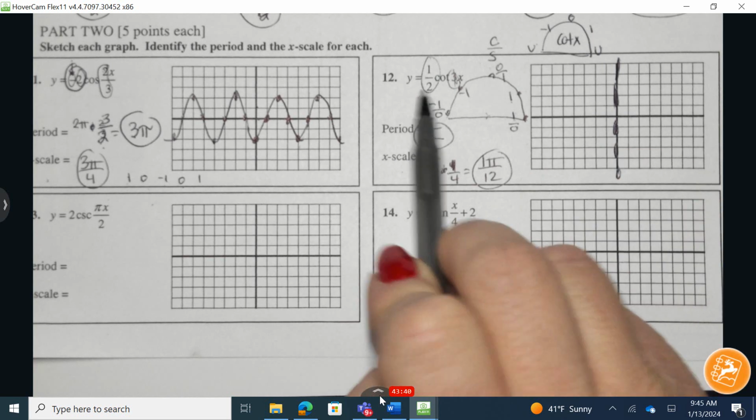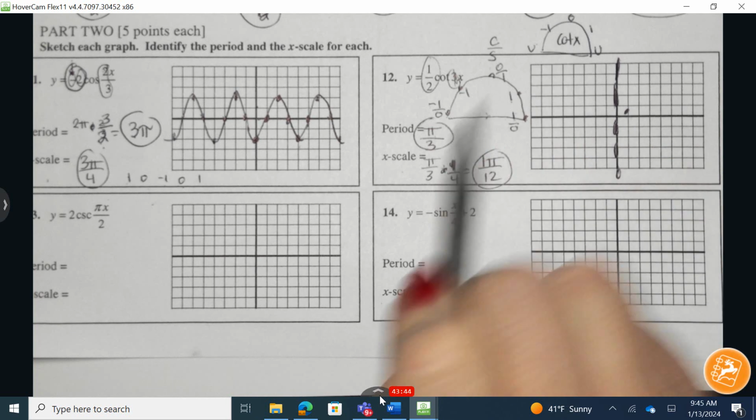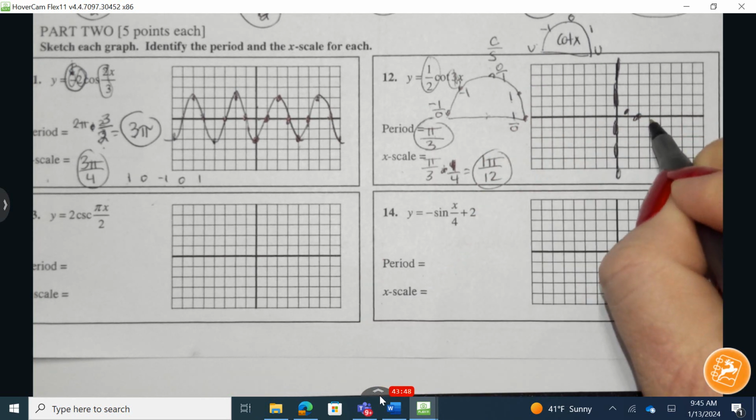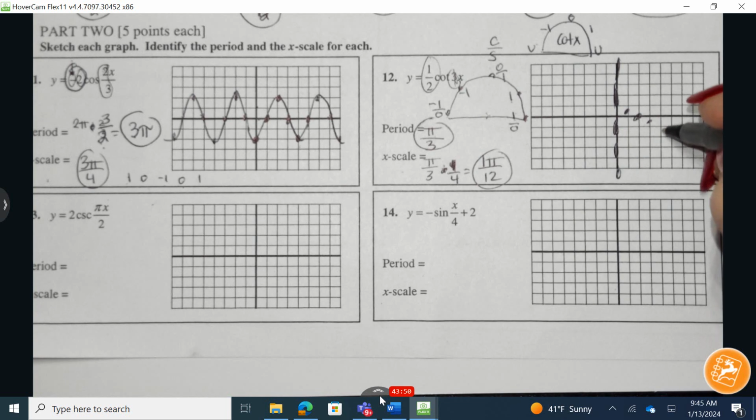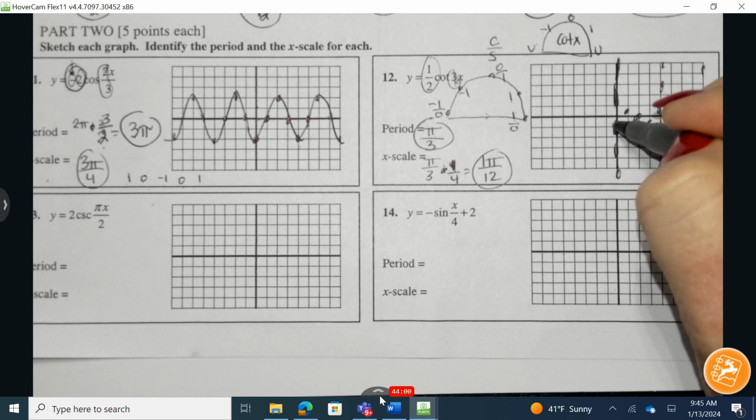And 1 times 1/2 is 1/2. Then I move another step, and 0 times 1/2 is 0. Negative 1 times 1/2 is negative 1/2, and then I'm back to undefined. And I'm going to continue that here to the left and moving back over here as well.